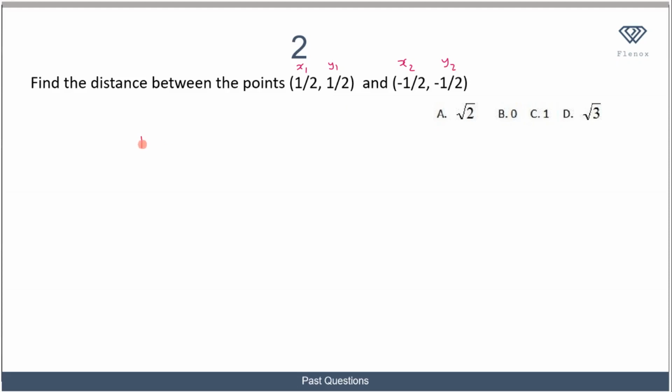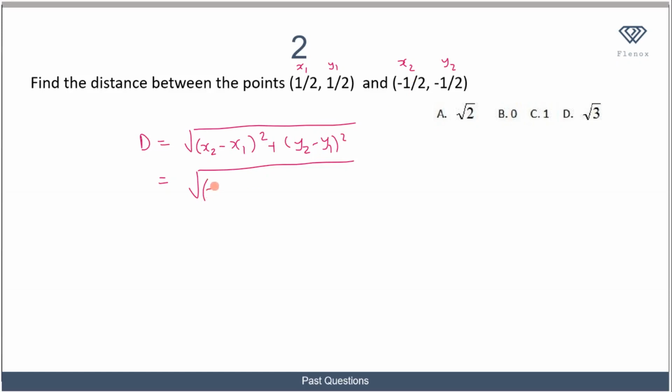Now I know that the distance between 2 points is given as the square root of (x2 minus x1) squared plus (y2 minus y1) squared. That becomes the square root of: my x2 in this case is minus half, so I have minus half minus my x1, which is half, squared.